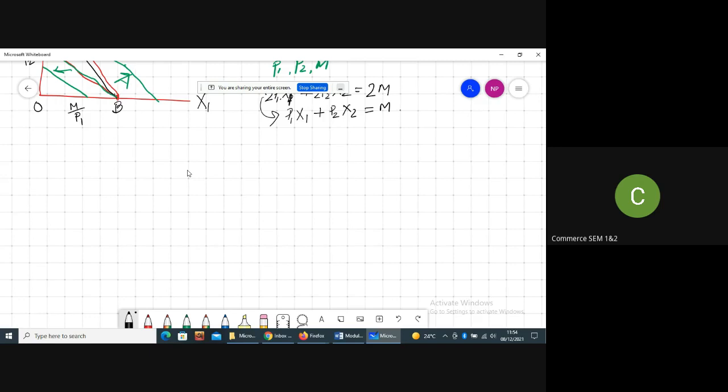That's the question. Budget line will move towards right. In which direction? Parallelly or rotate? Parallelly. Why? What's the logic?